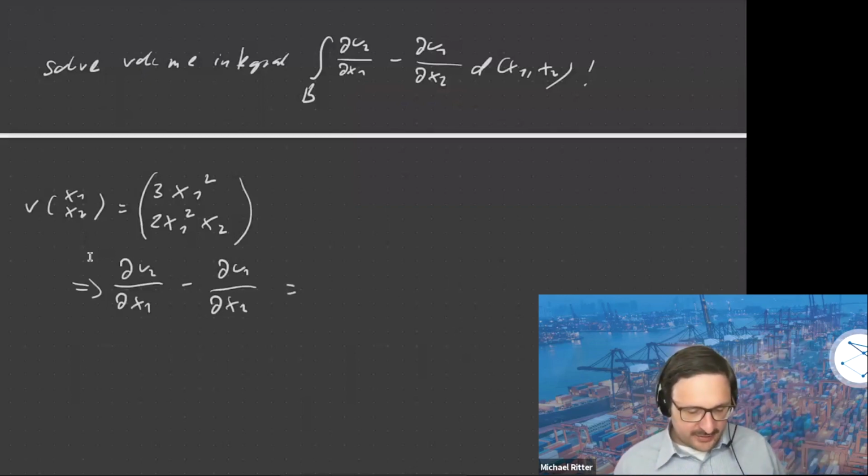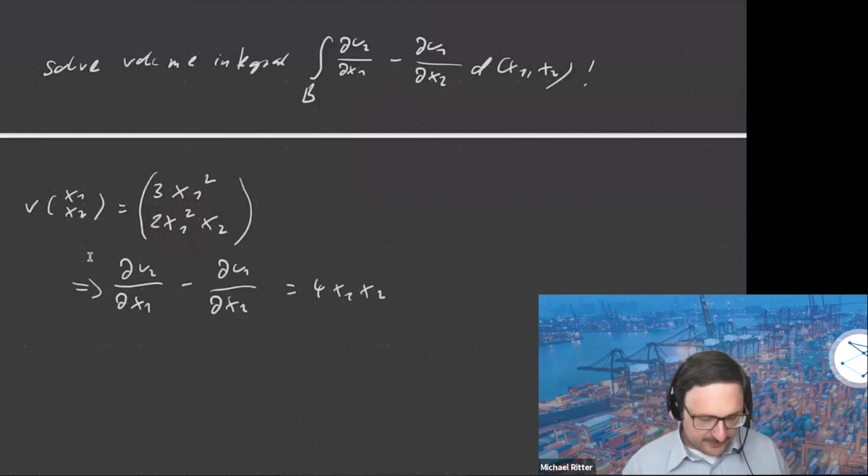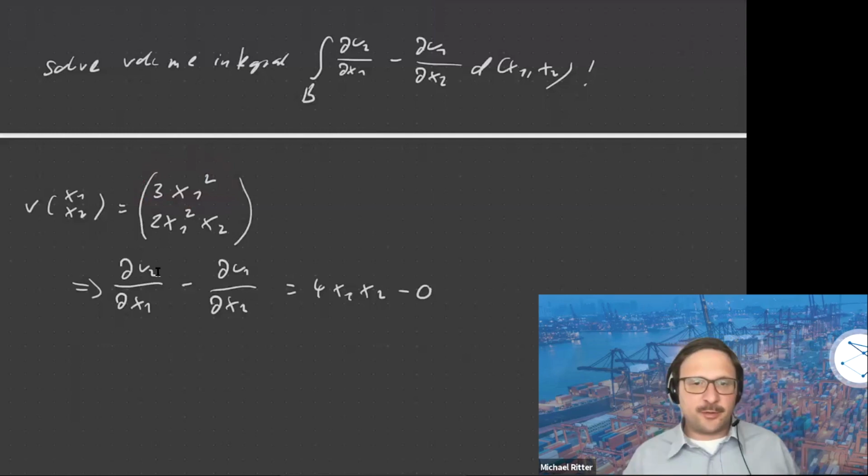So if we differentiate v2, this part here, with respect to x1, x1 appears here, then what we get is 4x1 x2. And if we differentiate dv1, this expression, with respect to x2, then, well, x2 does not appear anywhere here. So what we get is 0. Okay, so this is the expression that we want to integrate.